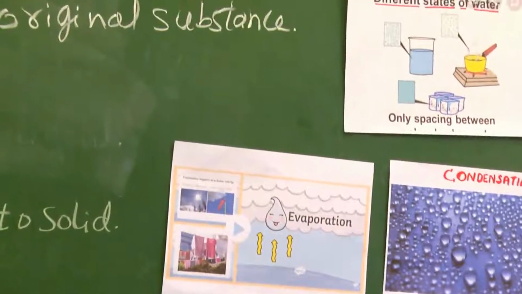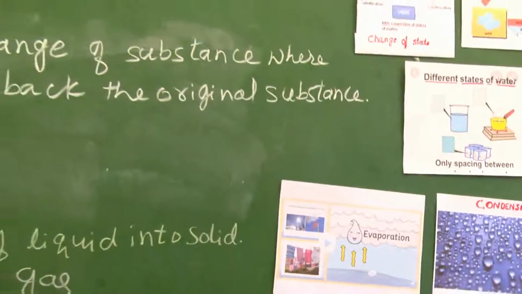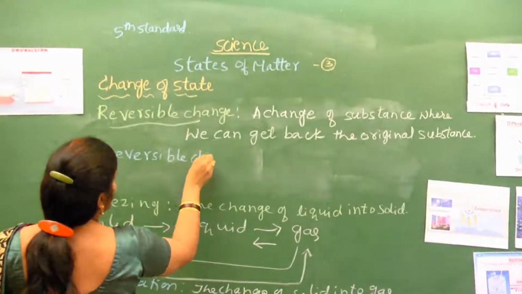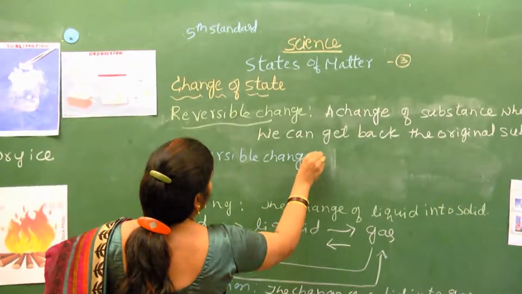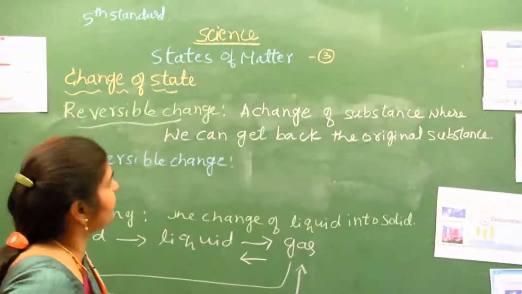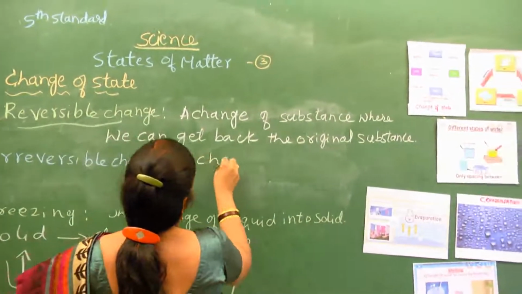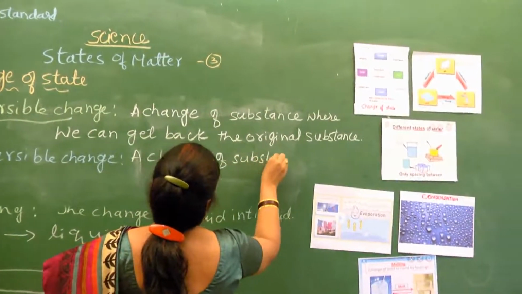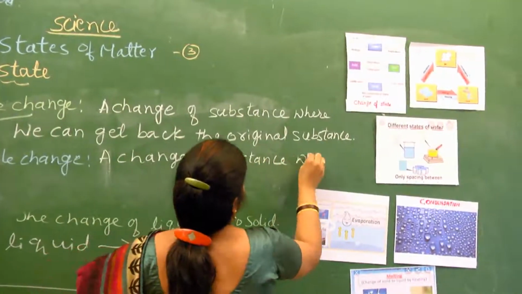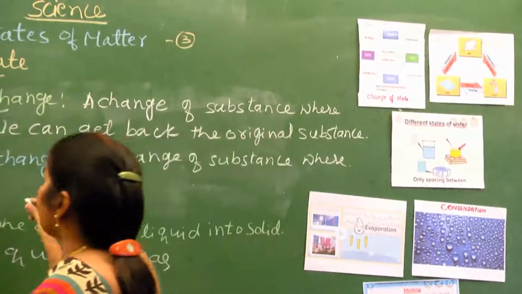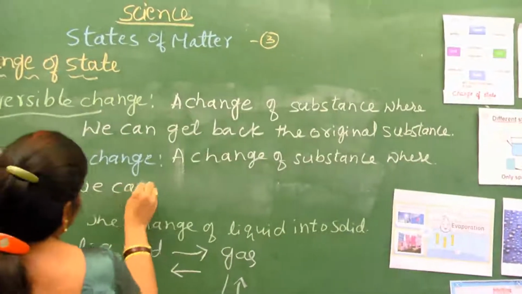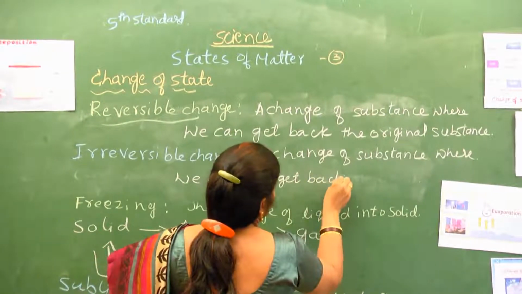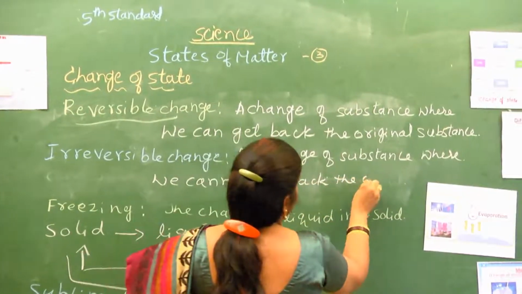And the next type of change is called irreversible change. What is it? A change of substance or state of the substance where we cannot get back the original substance.